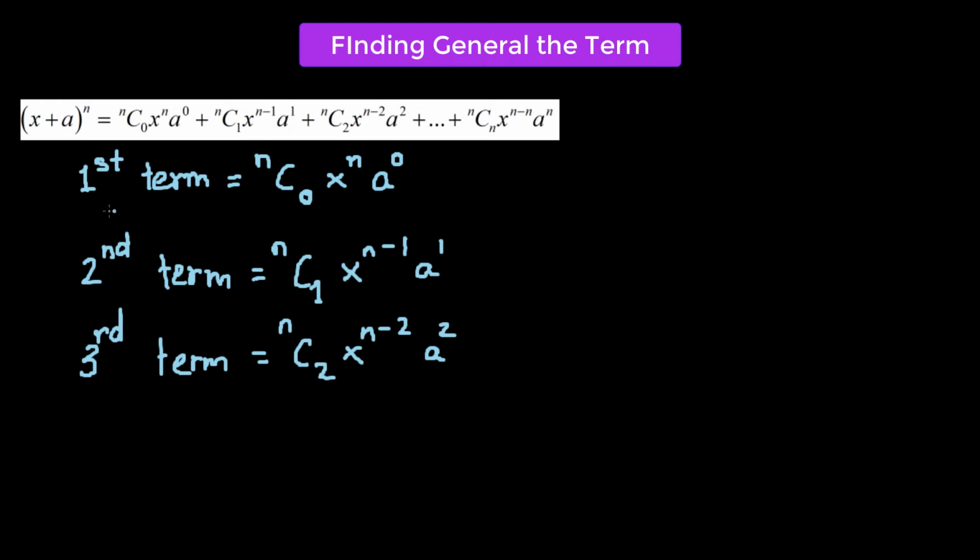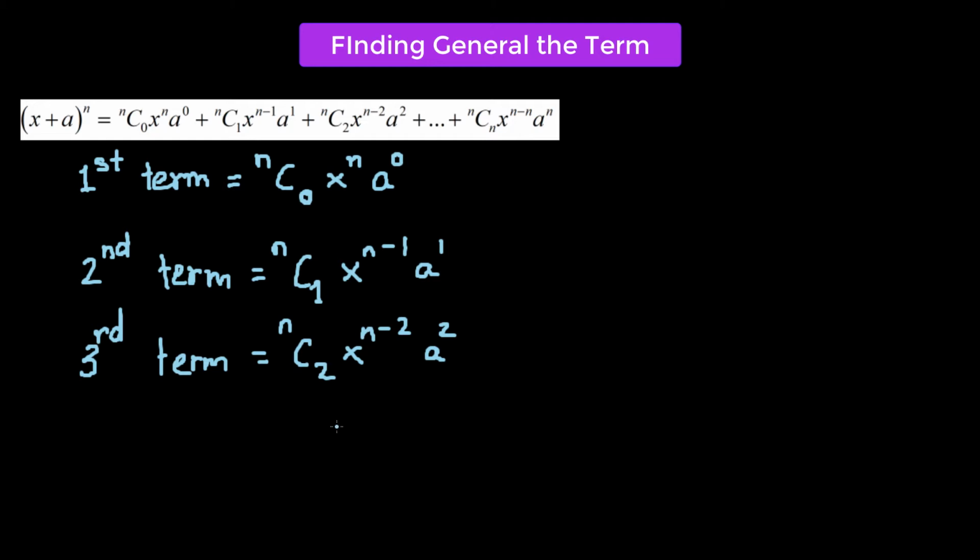What I mean to say is, if you're talking about the first term, then the suffix of C is 0. If you're talking about the second term, the suffix is 1 less. So similarly, if we talk about the fourth term, then it will be nC3.